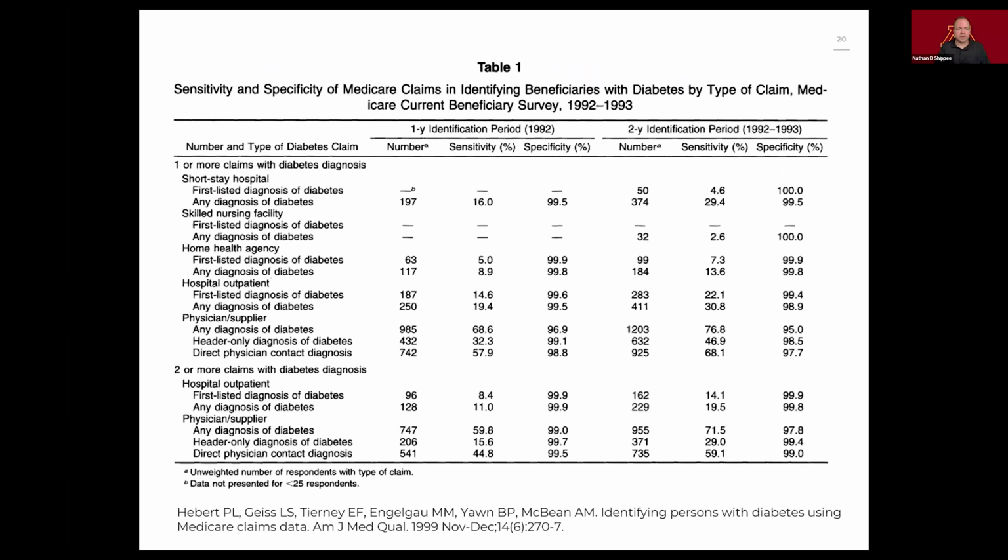Big slide, but what Hebert et al. were doing is trying to answer a lot of the questions that I've just raised in terms of which codes, which files, what position of the code on the claim form, some of those kinds of things.